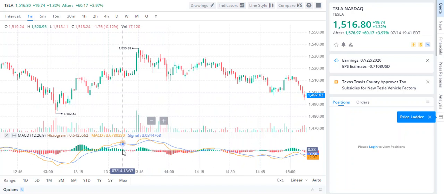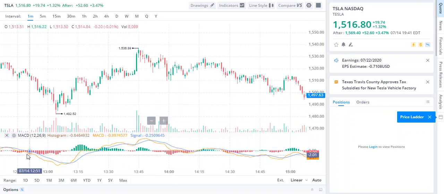And you have the histogram, which is these green and red candles, and then you have your MACD line and your signal line. The MACD line is basically in this case your 26-day moving average minus your 12-day moving average, whereas the signal line is your 9-day moving average. So it's kind of used the same way as the moving averages, and then the EMA goes.